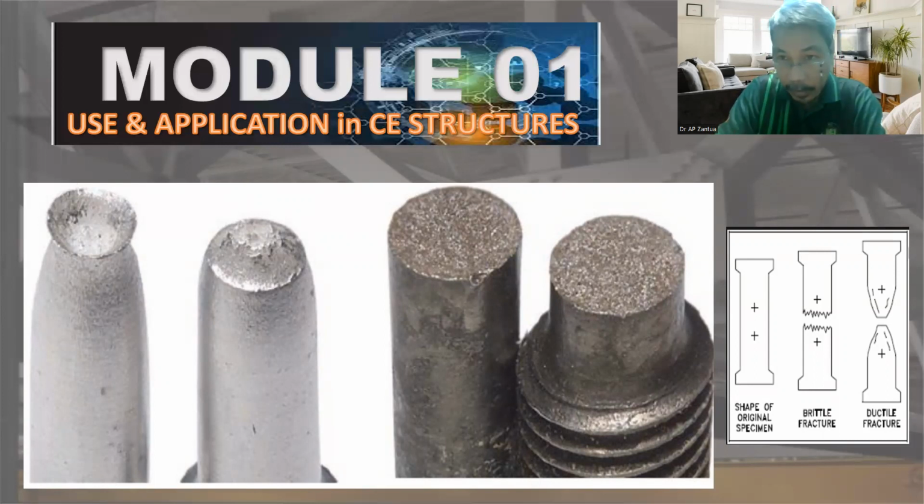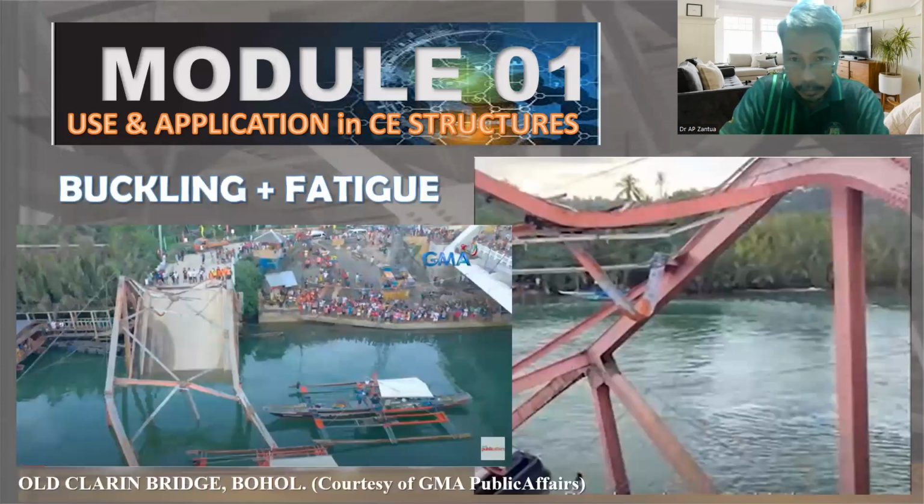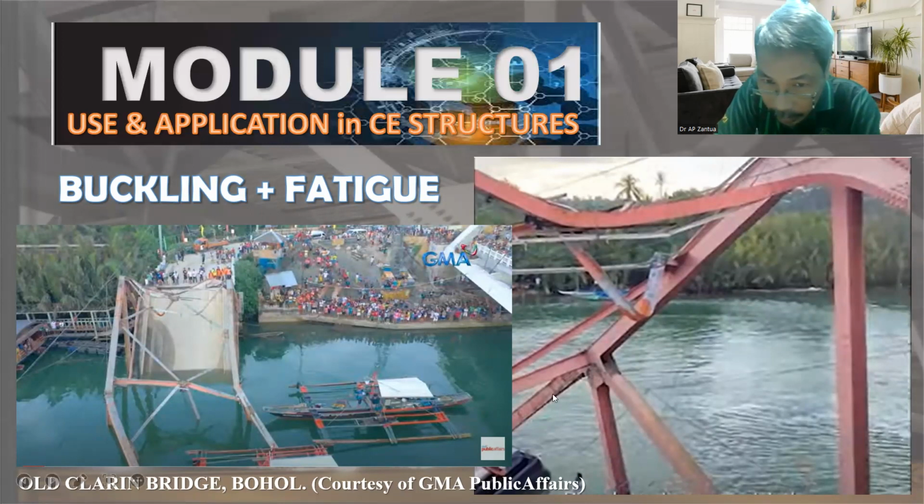Imagine if an engineer observed that the bridge has some of its parts with necking. But here we cannot see necking, this is buckling. There's no necking here.